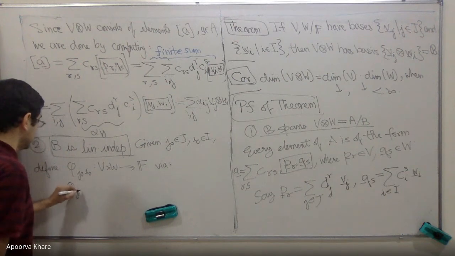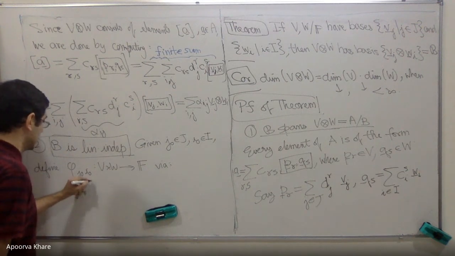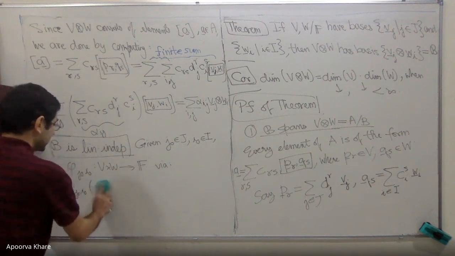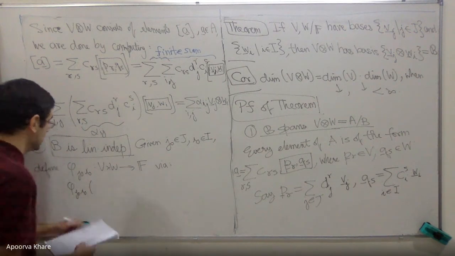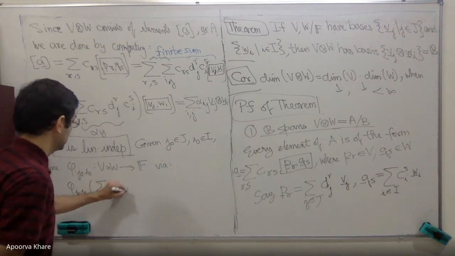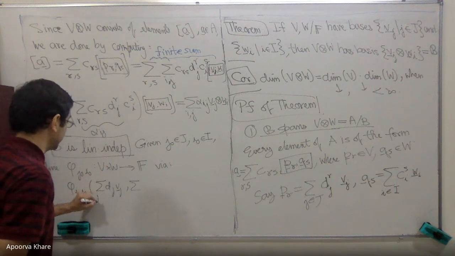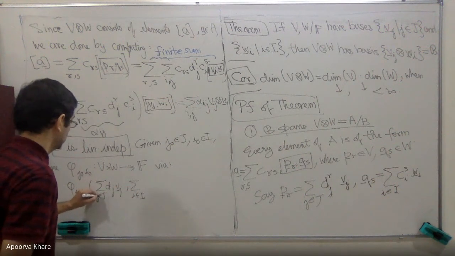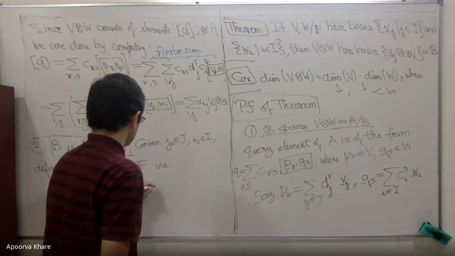Via phi_{J naught, I naught} of (v, w). Everything here is a combination of the V_J's and W_I's: the summation over J in J, a finite sum, and I in I, a finite sum, of D_J V_J and C_I W_I.